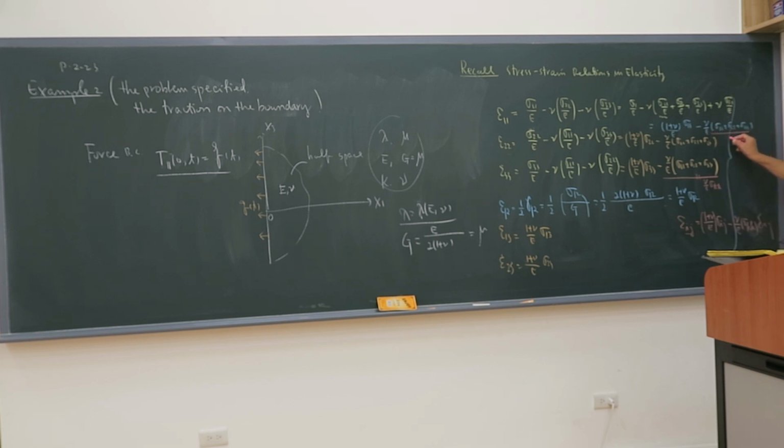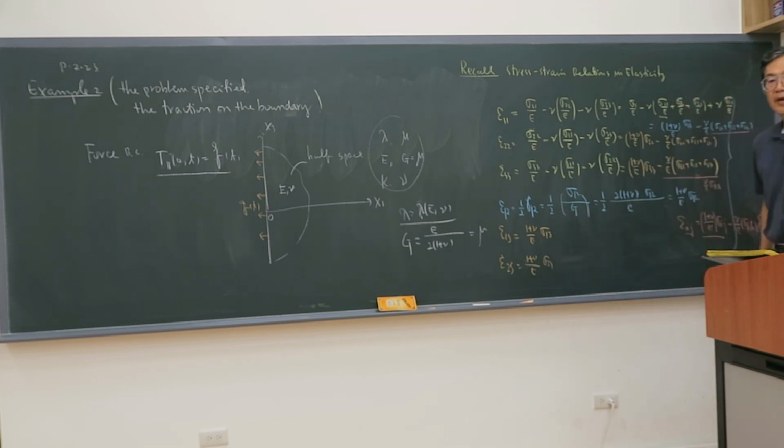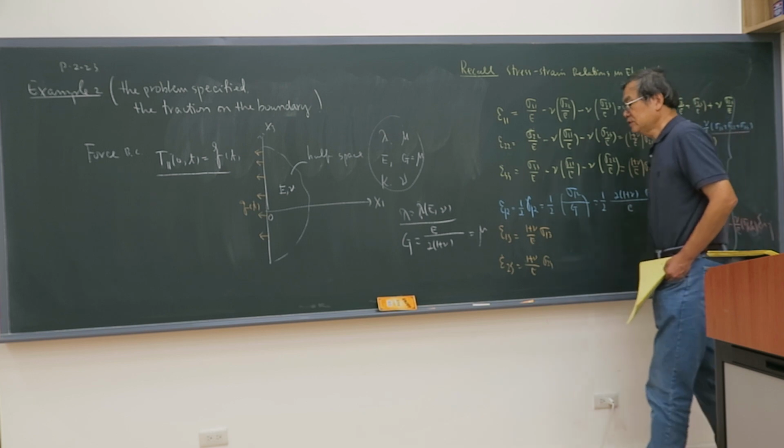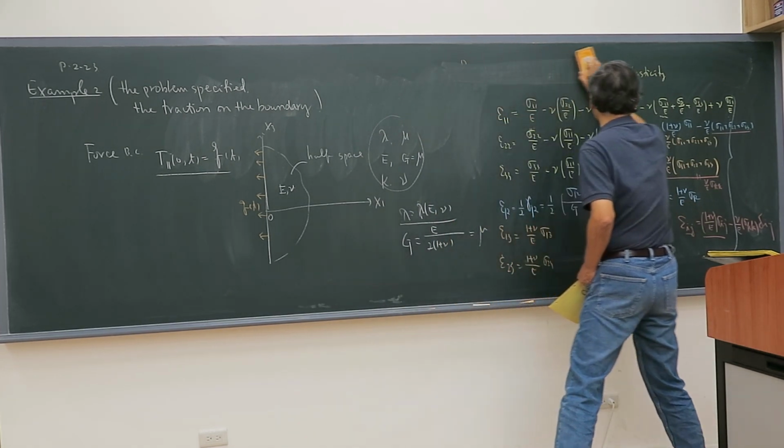And if i is not equal to j, delta ij will be 0, so only this term remains, just for these three terms.